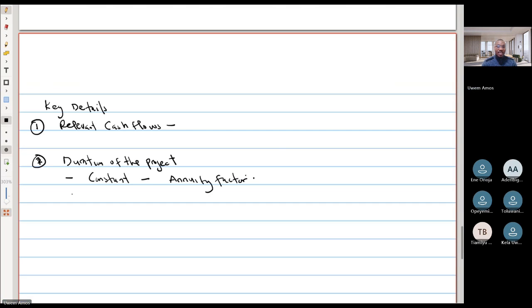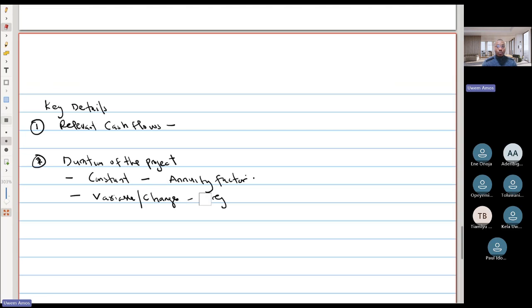However, if it will change, maybe as a result of inflation or maybe as a result of the annual projection, then in that case, we need to present our result yearly.